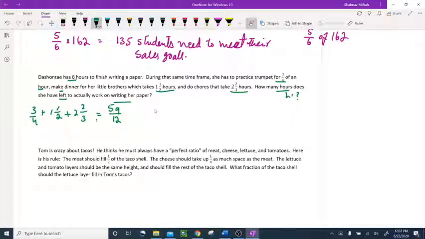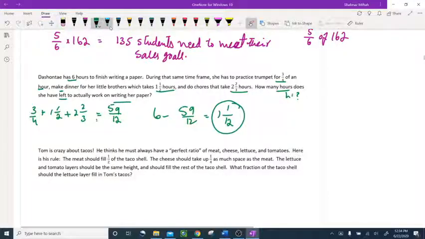Then I subtracted that. I think it was, yeah, it was 59. So I subtract that from 6, and I got 1/12. So that much time she has left to work on her paper. Okay, let's go for the next question.